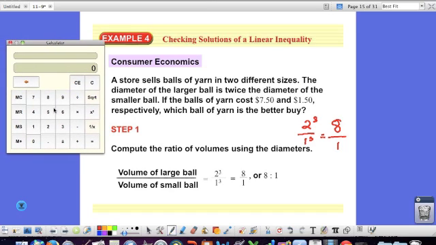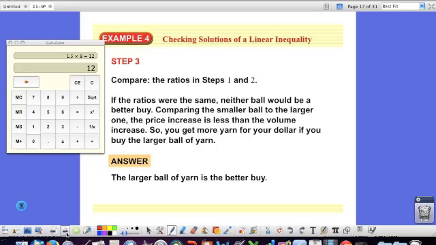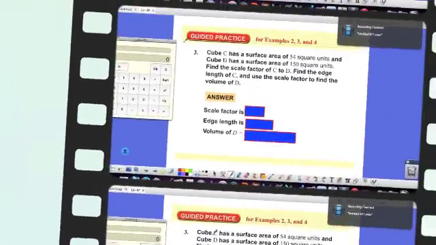What they're trying to get you to realize is that the larger ball of yarn has 8 times the volume. Once again, although yarn, you don't really deal with volume, you unroll it and you deal with length. But 8 times more should be $12, and the one that's 8 times more is $7.50, so it is a better buy.